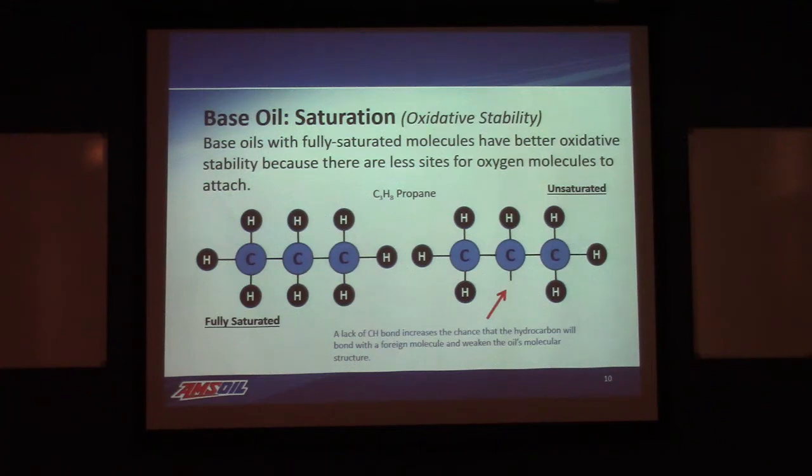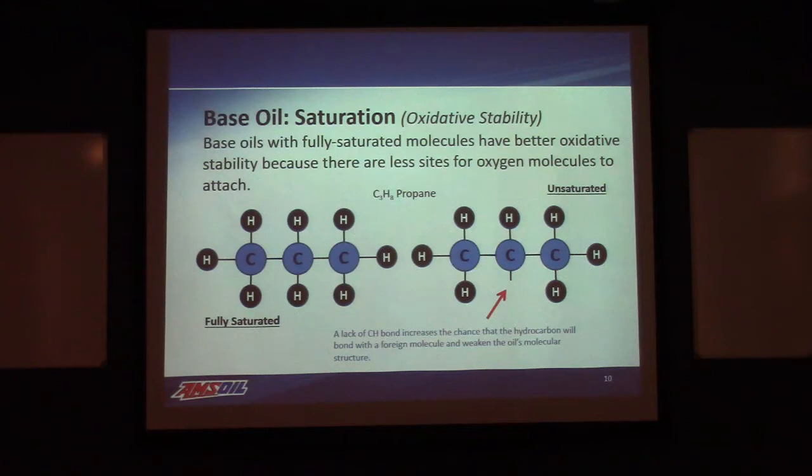There's another thing too. When we take a look at the molecules in crude oil, they're not all perfect. They get beat up, they get bounced around, they get atoms knocked off and everything like that. They've got holes in them, okay? There's an open bond there. Nature doesn't like that, so nature's going to try to find something else to take the place of that molecule that was knocked off.